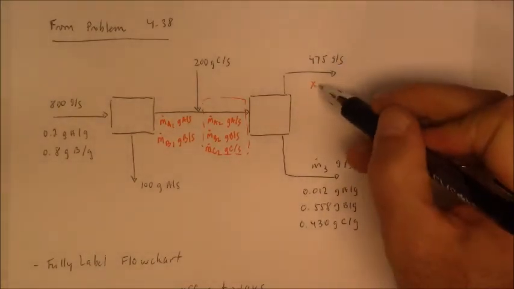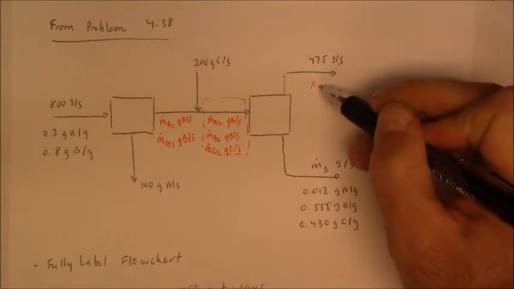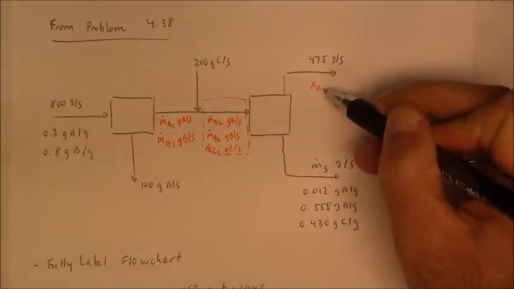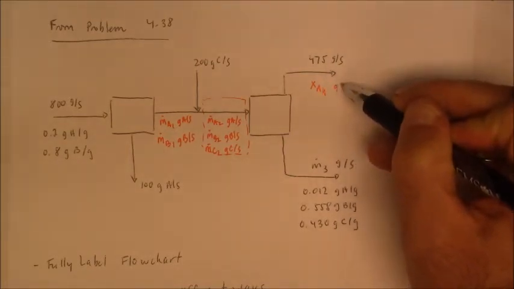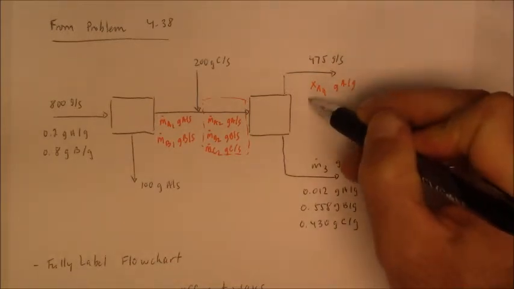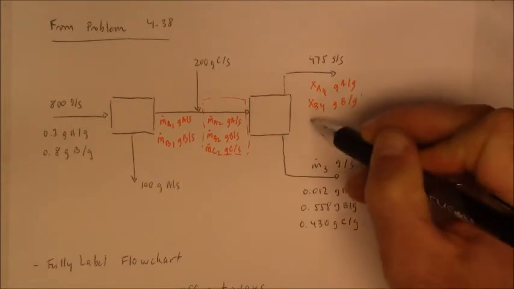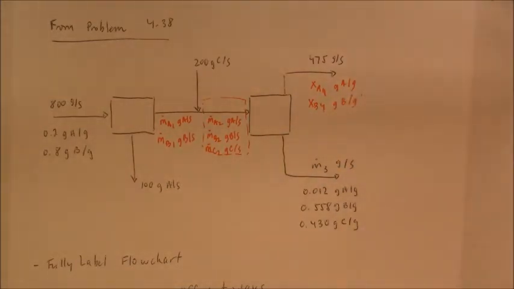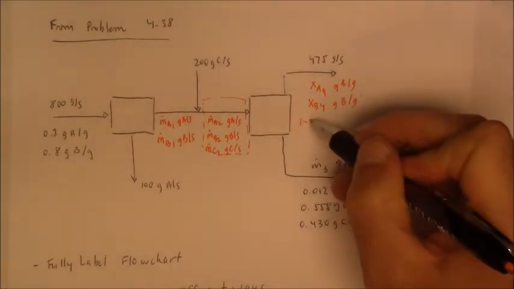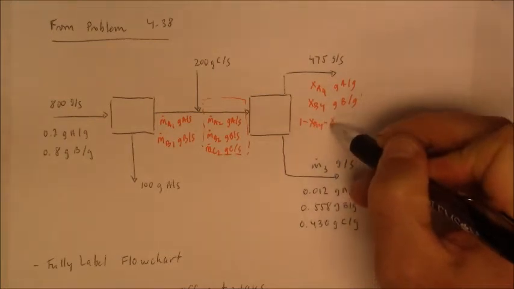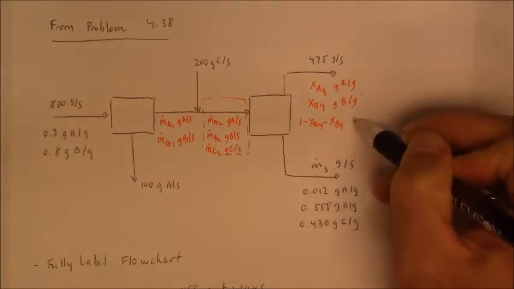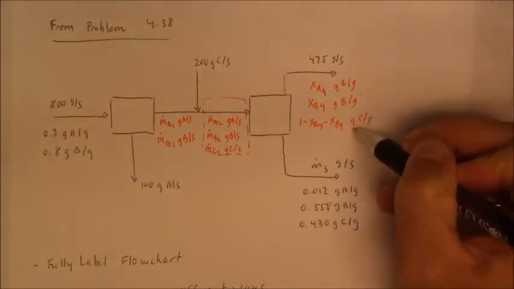So we'll call this XA, and this is stream 4 grams A per gram, XB4 grams B per gram, and then we will label this 1 minus XA4 minus XB4 grams C per gram.